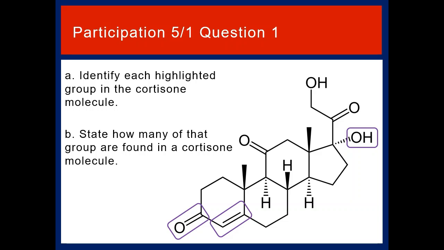The link to the assignment is right below the document where these videos are posted. So this is a cortisone molecule, and there are 3 groups highlighted. I want you to identify what each group is called, and how many of each group are in one cortisone molecule.